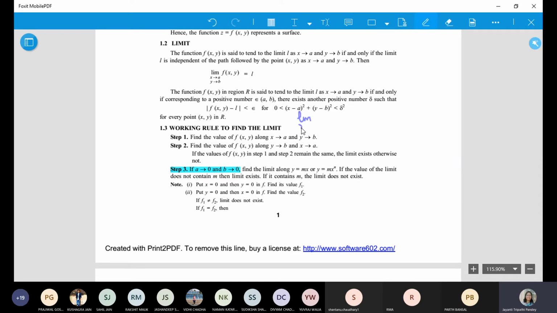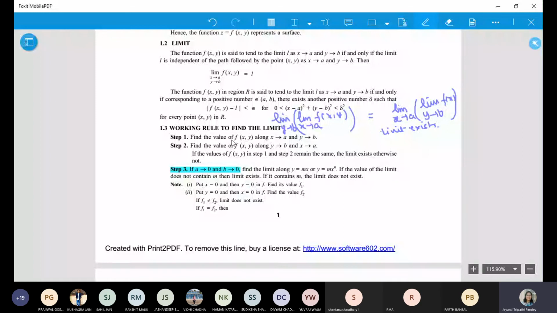Suppose first you took this. First you approached X, then you approached Y, or you approached this way. If these two are equal, then the limit exists.